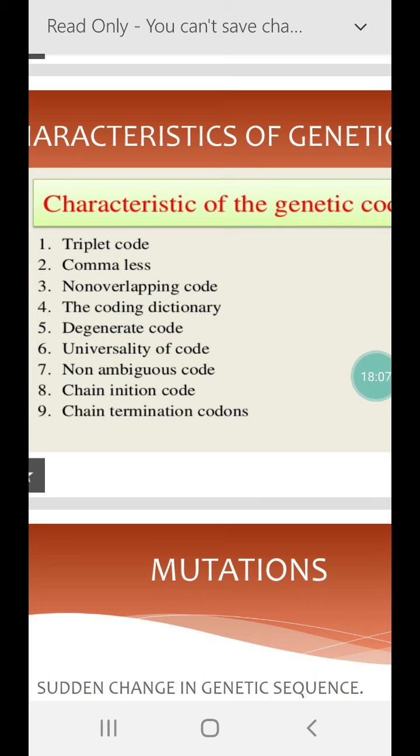We have seen AUG as methionine, which is a start codon. But if methionine is absent, GUG can code for methionine and can act as the start codon. So this is the only exception. Otherwise, the genetic code is non-ambiguous.